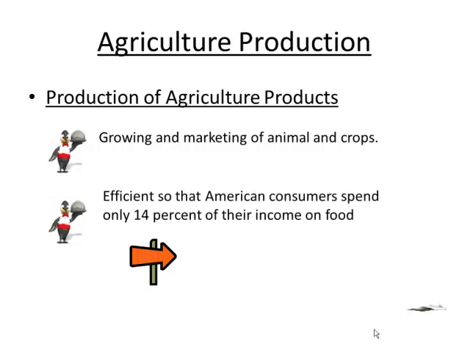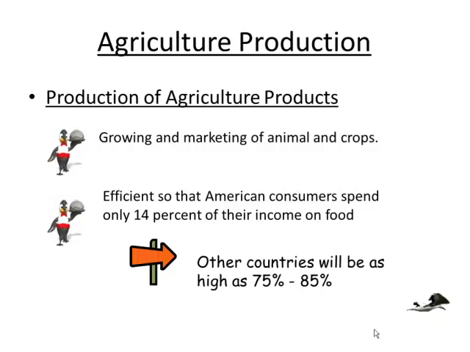Because the American consumer spends only about 14% of their income on food, this is an important concept to understand as later on we talk about economics. By keeping the consumer's spending on food low relative to their income, they have more disposable income to do other things, like take care of their animals, have better animal care, and buy more merchandise than in other parts of the world.